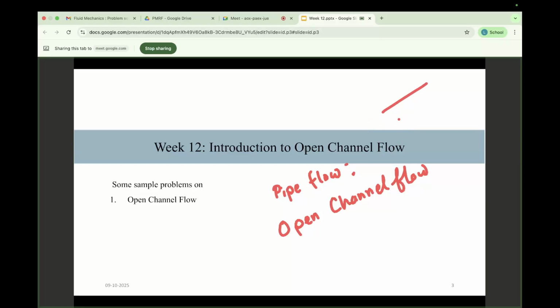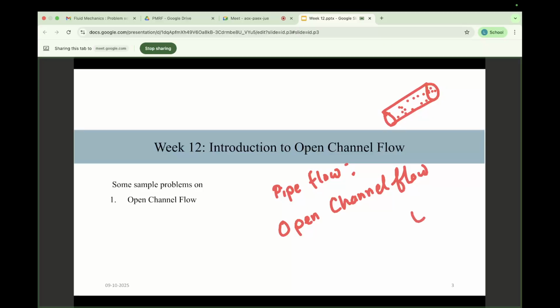If this is a pipe, the liquid is filling it, and it is enclosed on the outside by a surface. So we can't say whether any free surface of the liquid is there or not, right? In open channel, it is not fully enclosed.